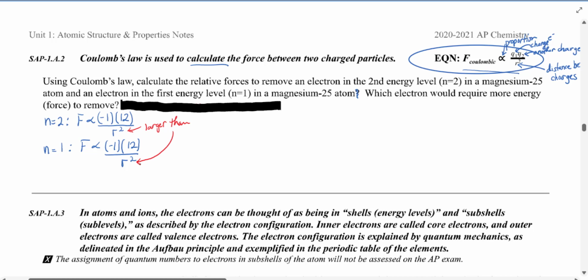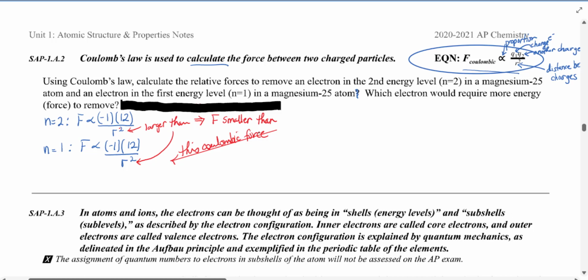Because the energy level 2 distance is larger, if you have a larger number in the denominator, that is going to cause this Coulombic force to be smaller than this Coulombic force. If it's less of a force, it's going to take less energy.